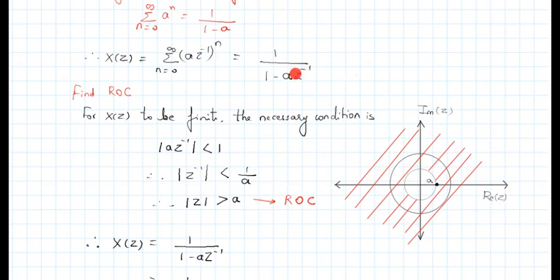And how did we do that? We did that by setting a condition that it should always be less than 1. Then simplifying it and getting a condition in terms of z, we have obtained the ROC: the z value should always be greater than a.